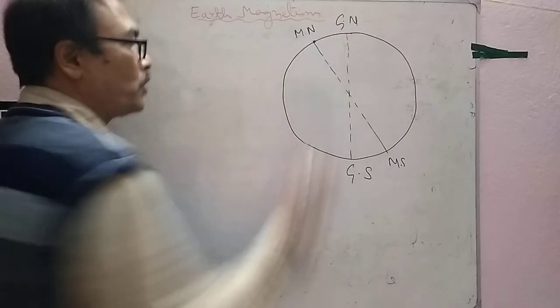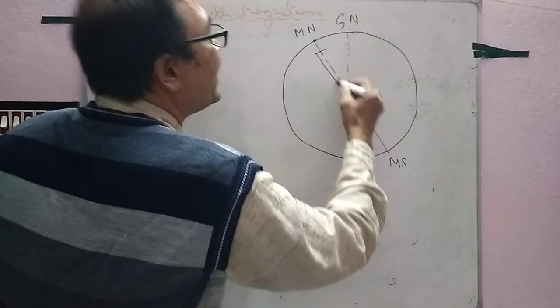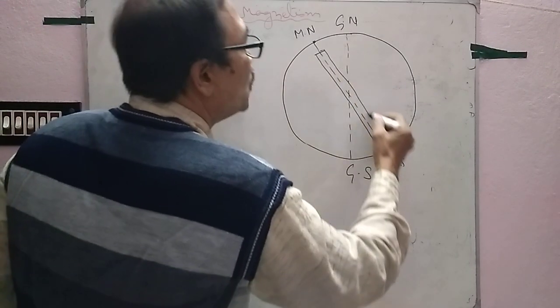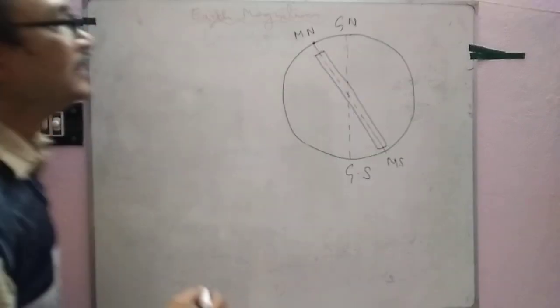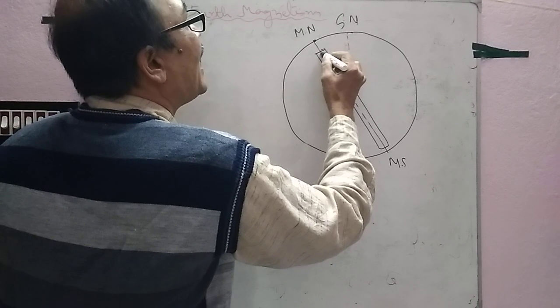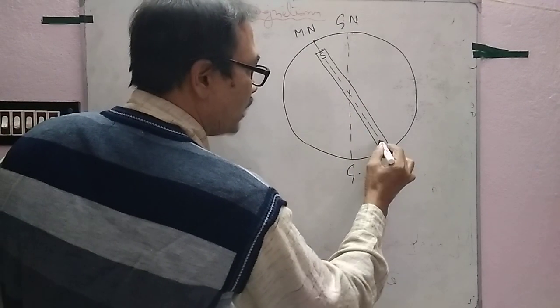Clear? So this is the hidden bar magnet, a big magnet inside the earth. Gilbert suggested the south pole is towards the geographical north and the north pole towards the geographical south.